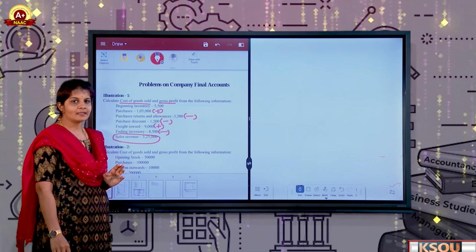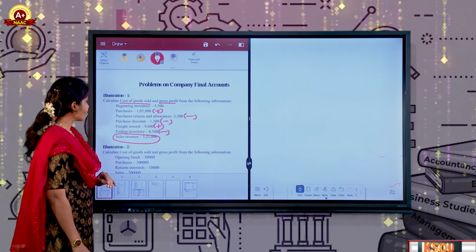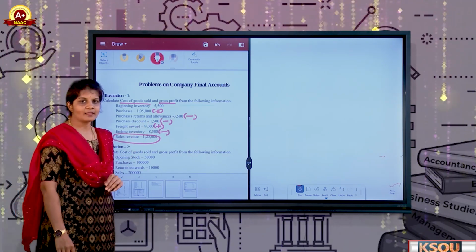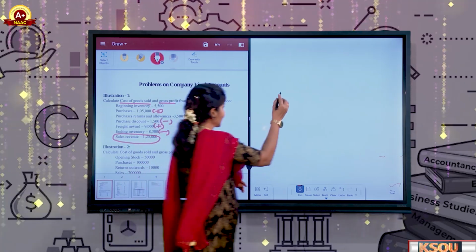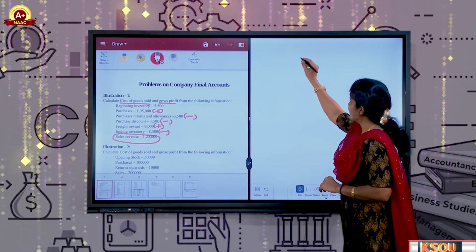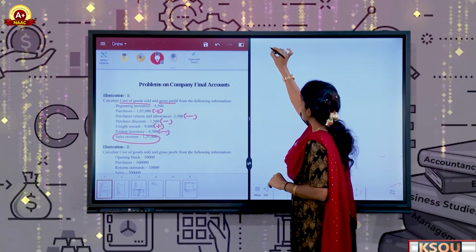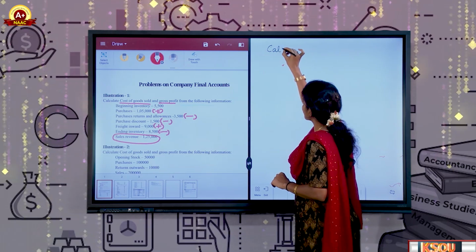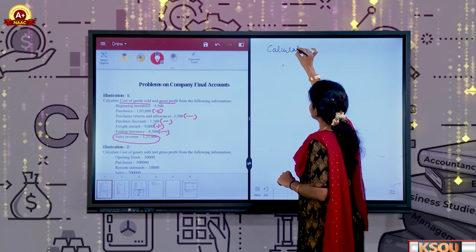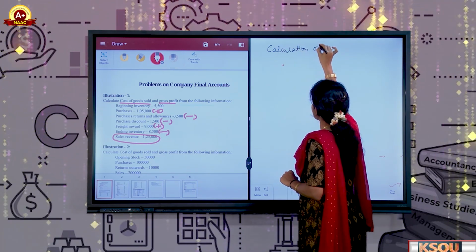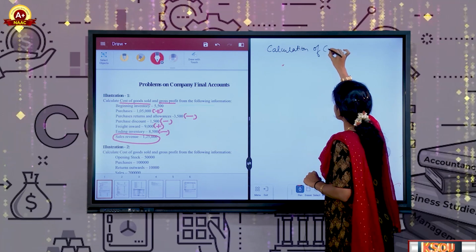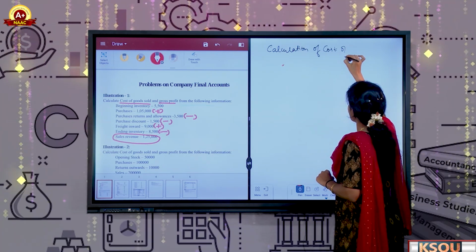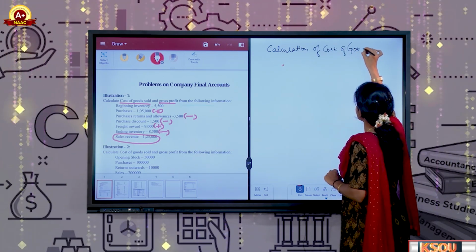Let us work out to calculate cost of goods sold and gross profit. Give heading, calculation of cost of goods sold.